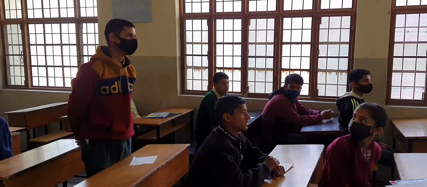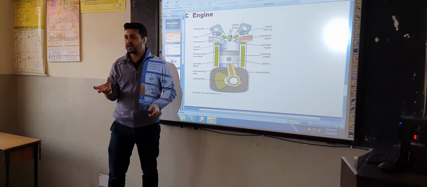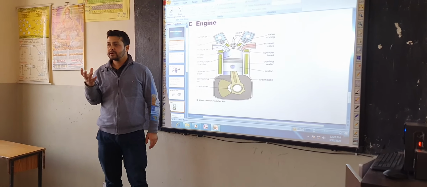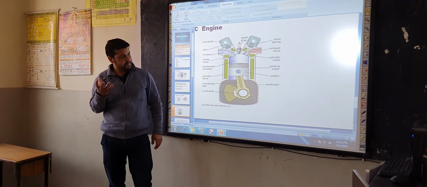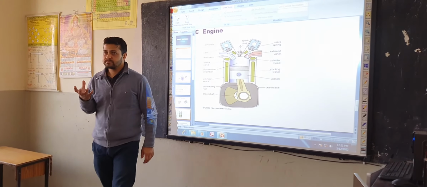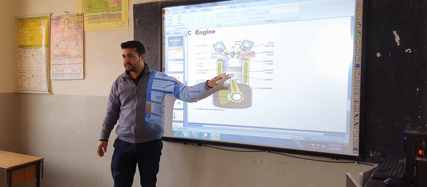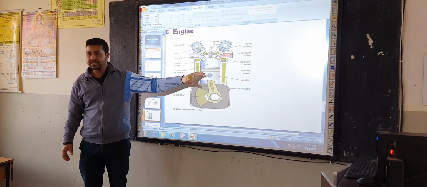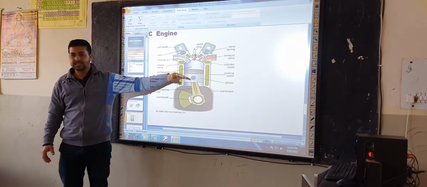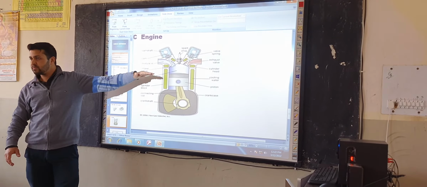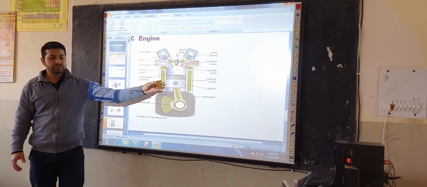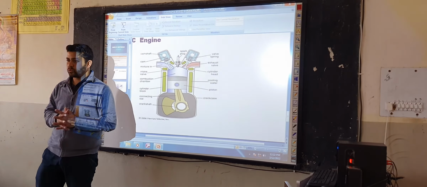And piston. What is a piston? A piston is a mechanical part designed with very high accuracy. Your piston is placed inside the cylinder and it reciprocates up and down inside the cylinder, which causes 4 strokes or 2 strokes.